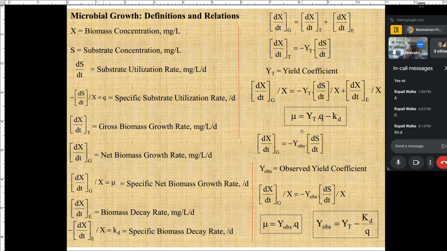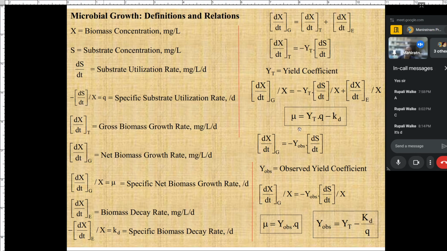Again, dS/dt is equal to minus Y observed, so this is the theoretical thing and this is what is observed. It has been seen that dX/dt g, that is the net biomass growth, is equal to Y observed into dS/dt.